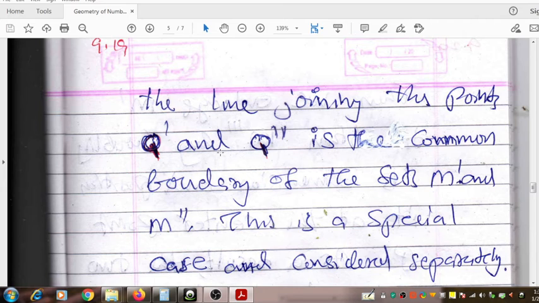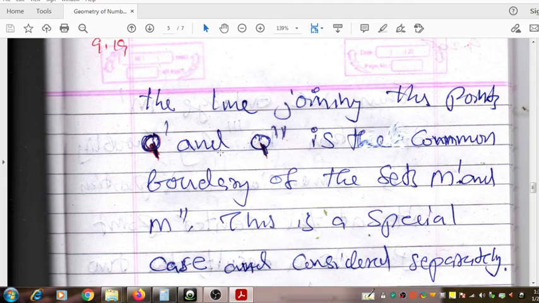When we join these two lattice points by a line, if that line is part of the boundary of the M sets, that's a special situation. It can also be treated in a similar way, but needs special attention.